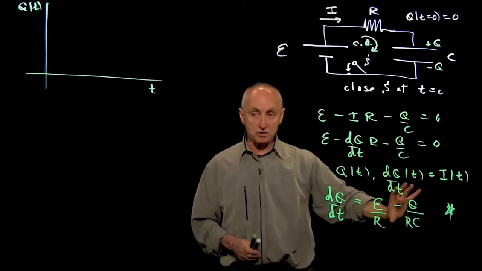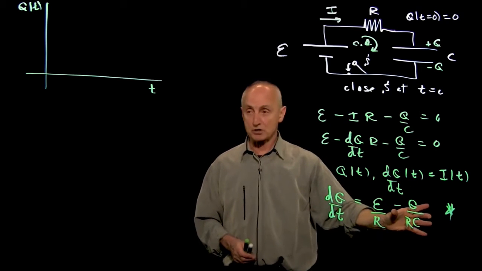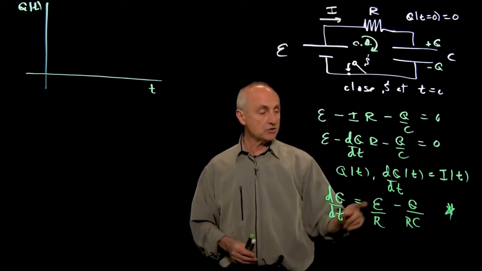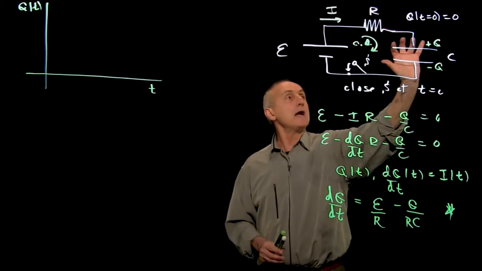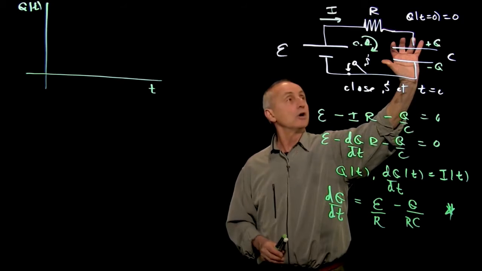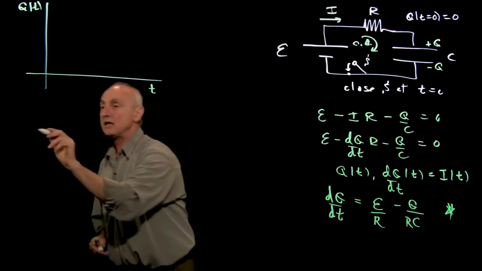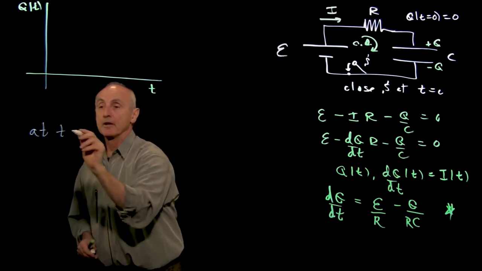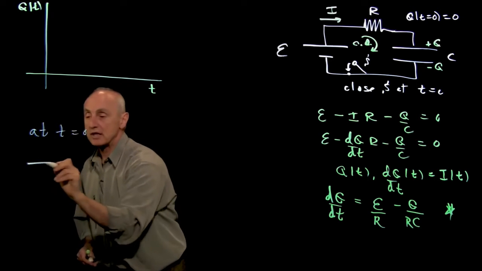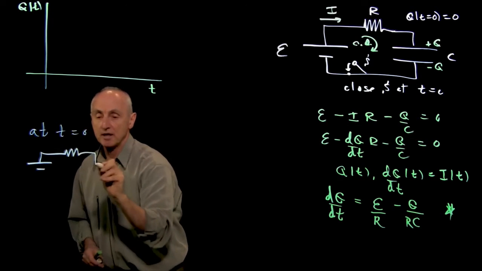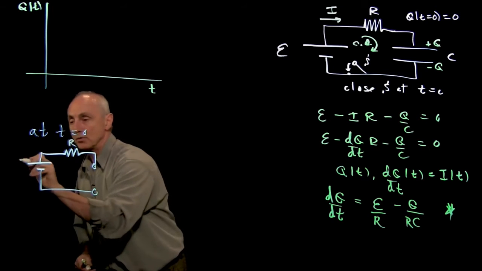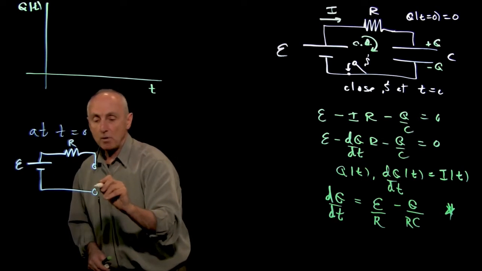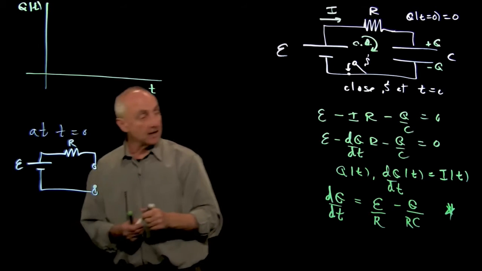So at t equal to 0, there's no charge on the capacitor, and the current is just E over R. That's exactly what would happen if the capacitor weren't there. So at t equal to 0, we could redraw our circuit with just a little dot where the capacitor was, the resistor, and the battery.